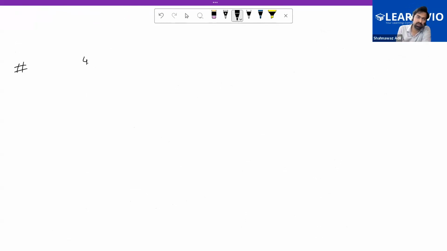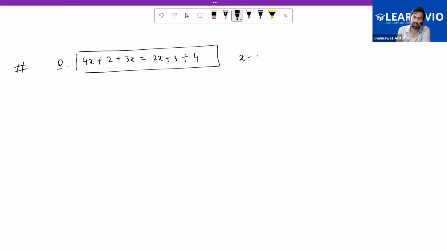So 4x plus 3x equals 2x plus 3 plus 4. You have to solve for x. Please solve this and tell me what is x.